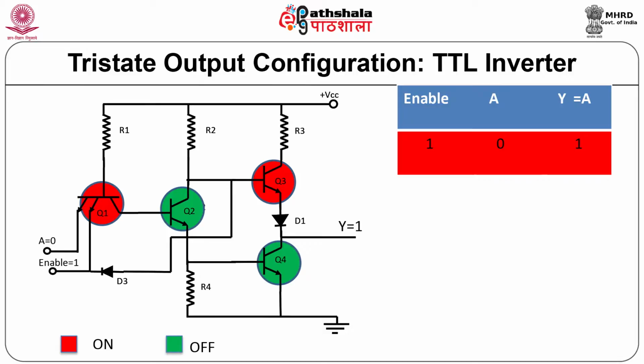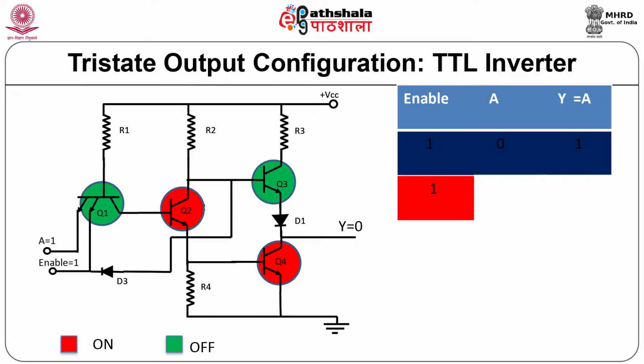Let us see another condition, that is when A is equal to logic 1. Enable, again, is logic 1. Because input A is logic 1, the emitter base junction of Q1 is reverse biased and therefore Q1 is off. Because Q1 is off, Q2 will become on because the collector of Q1 is at logic 1.